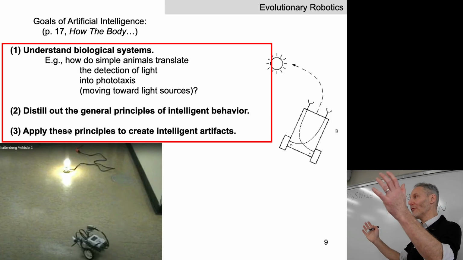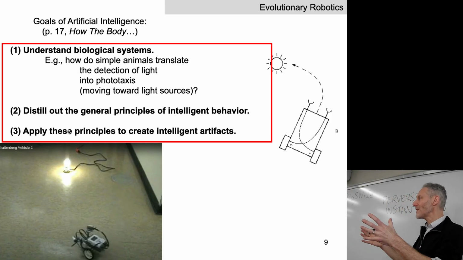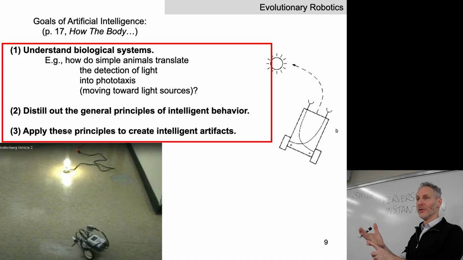And then finally, obviously, we need to take this abstraction, this thing that we've abstracted, and write code that instantiates it, or build a robot body and code that goes into a machine that instantiates those general principles of intelligent behavior.